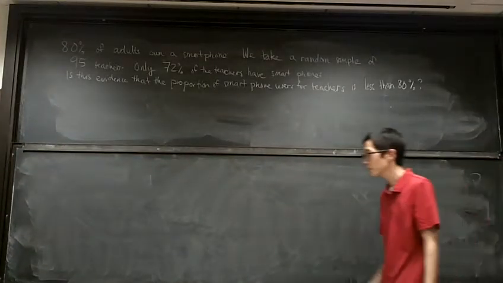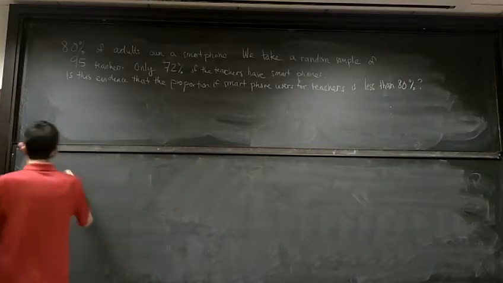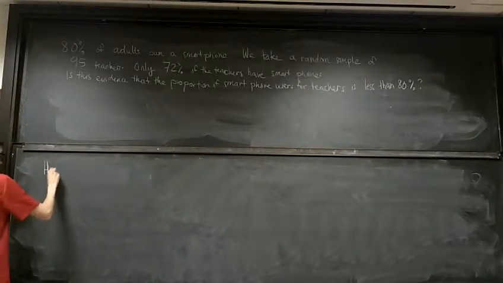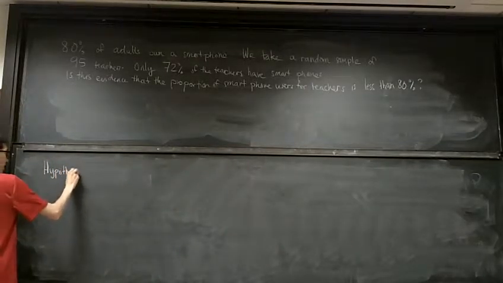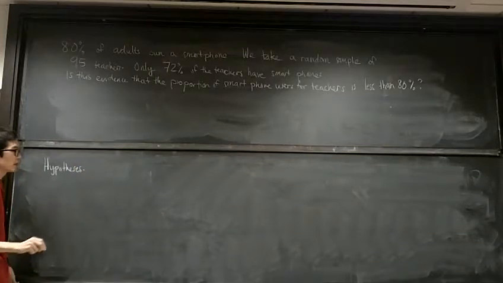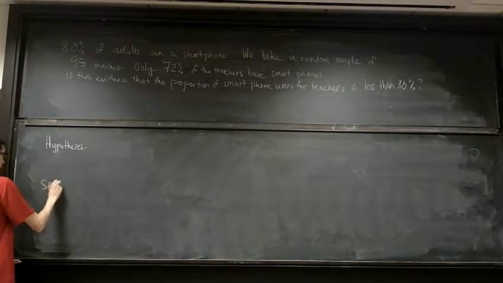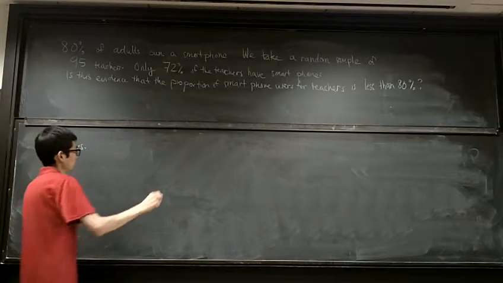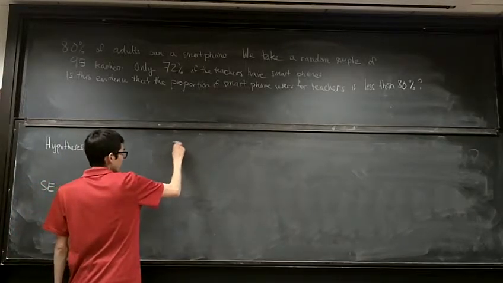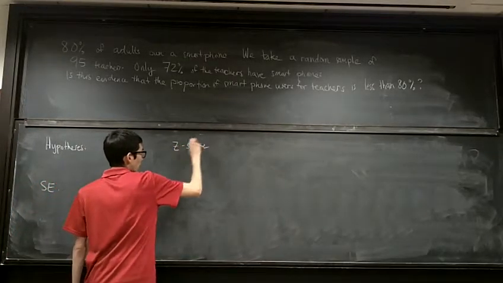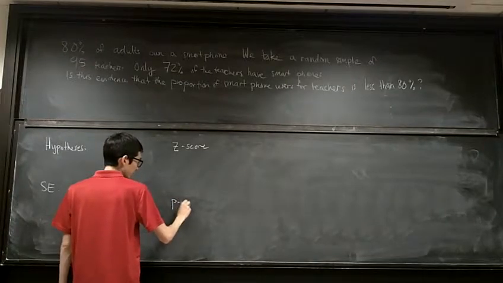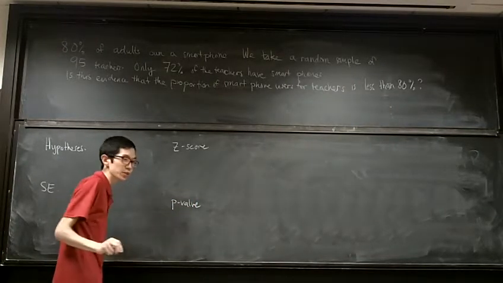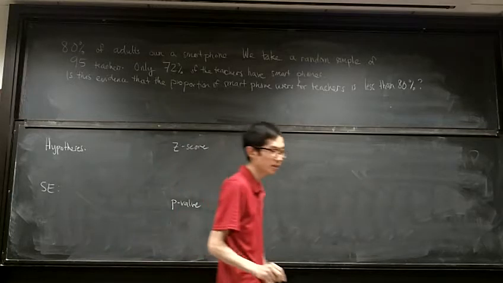All right. So take a few minutes. See if you can come up with the hypotheses. Figure out your standard error. Figure out your z-score. And figure out your p-value, which is the area in the tail or tails.